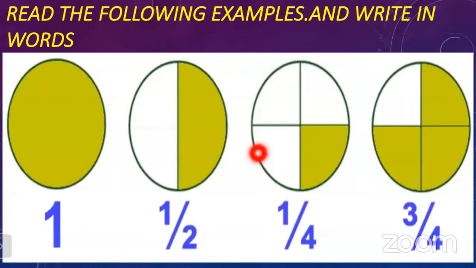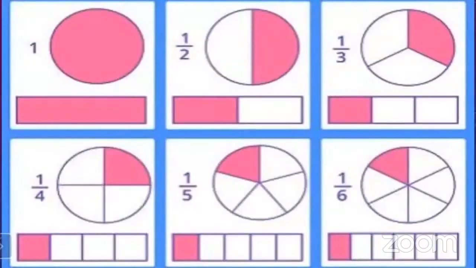When the figure is divided into 4 equal parts, we learned that it is called half, 1/4, and 3/4. But when it is divided into more than 4 parts or less than 4 parts, how do we write it? It is written like this. If there are a total of 3 parts, we write the denominator as 3, and the shaded part is 1, so we write the numerator as 1, that is 1/3. Similarly, these both figures are also here.